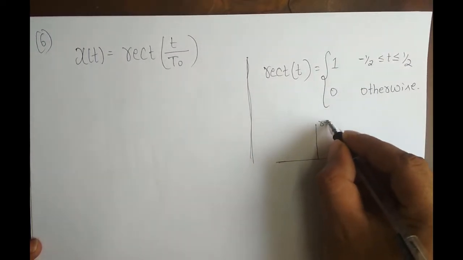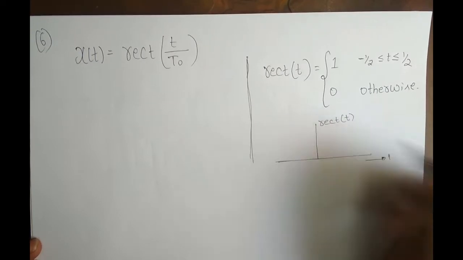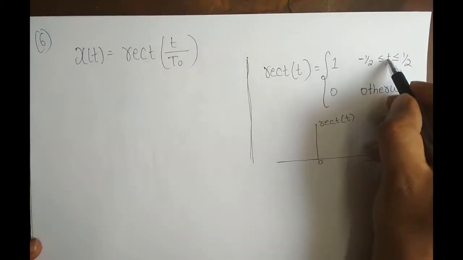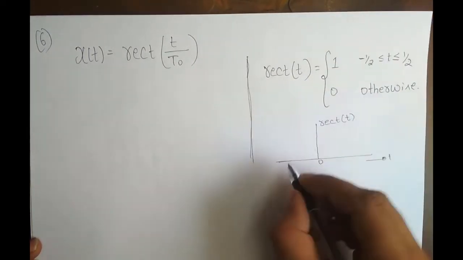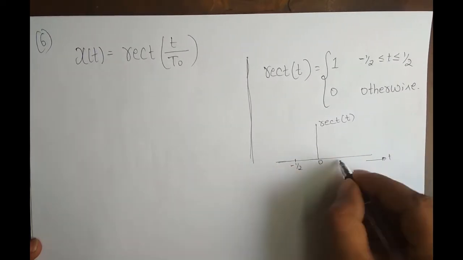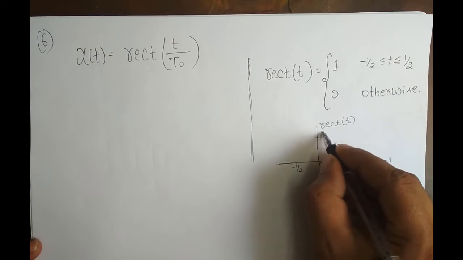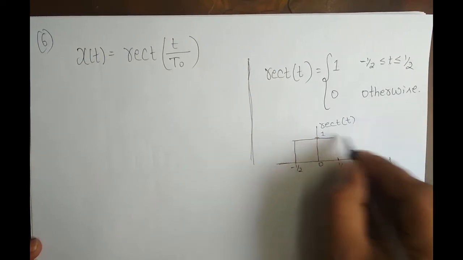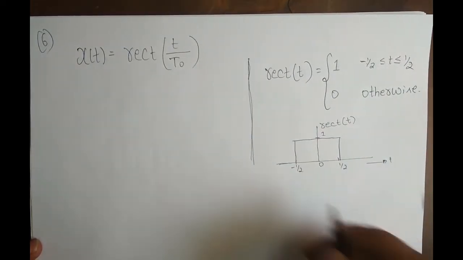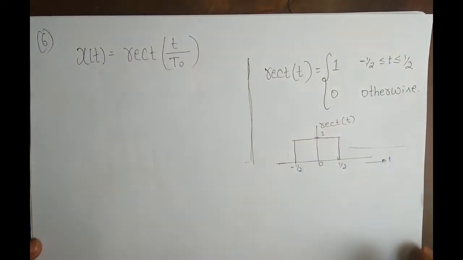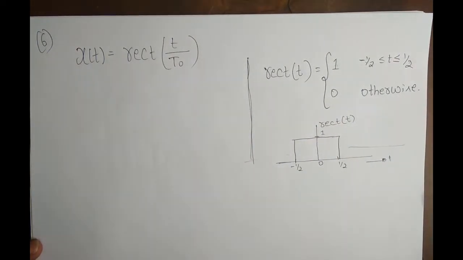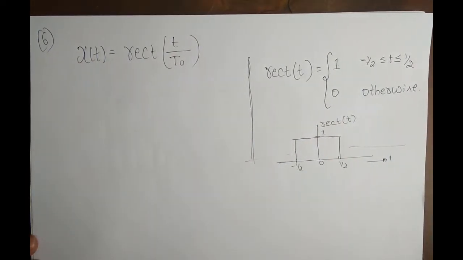This is RECT of t, and it is defined for t varying from where to where? Minus half to half. And what is its amplitude? Its amplitude is 1, and equal to 0 otherwise. This is how RECT of t is defined.